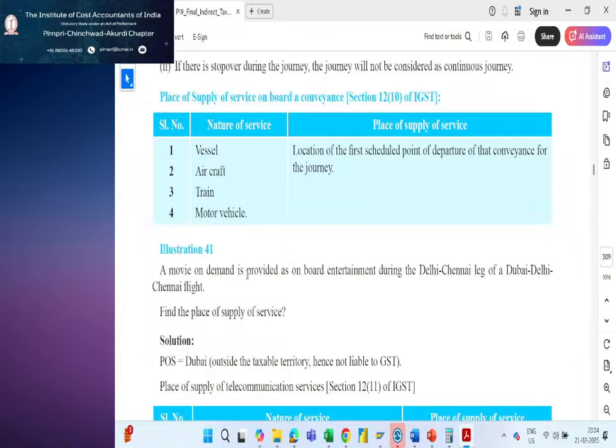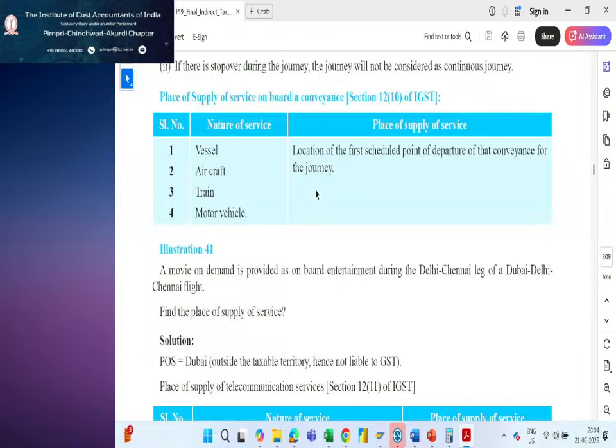A movie on demand as on board entertainment during Delhi to Chennai leg of Dubai Delhi Chennai flight. Find the place of supply of service. Here we are seeing about service means vessel, aircraft, train, motor vehicle, these all are included.